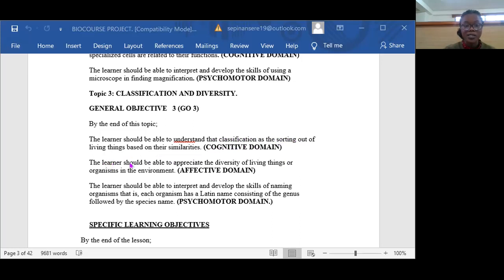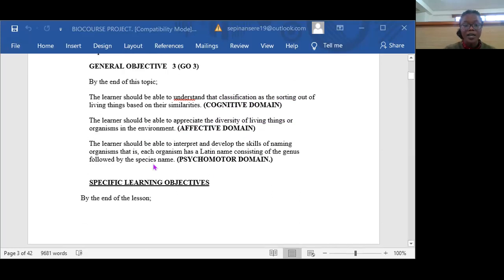The second is that the learner should be able to appreciate the diversity of living things, all organisms in the environment. That is the affective domain. And thirdly, the learner should be able to interpret and develop the skills of naming organisms. Each organism has a Latin name consisting of the genus followed by the species name. That is the psychomotor domain.